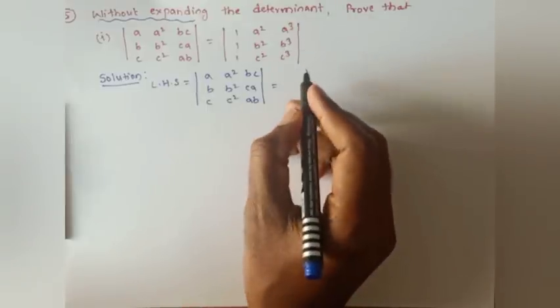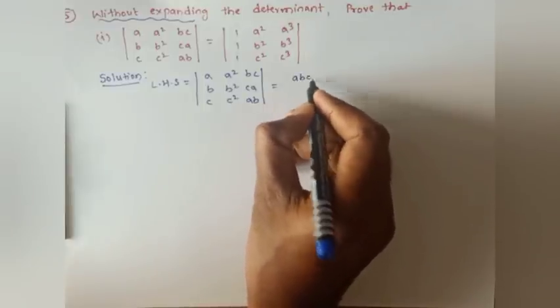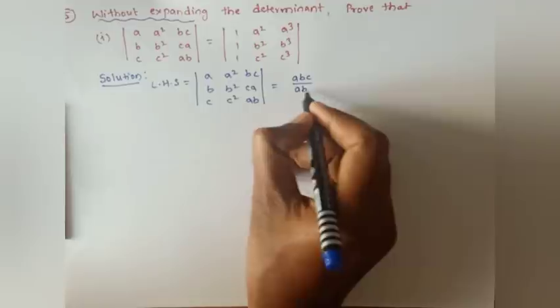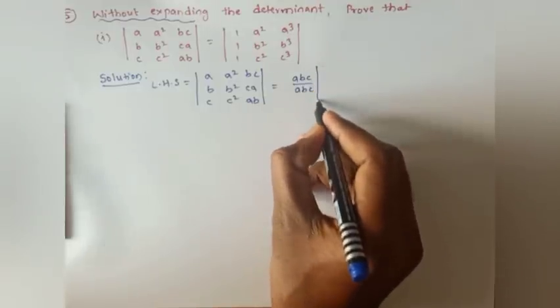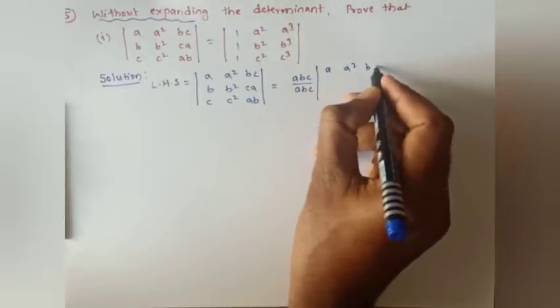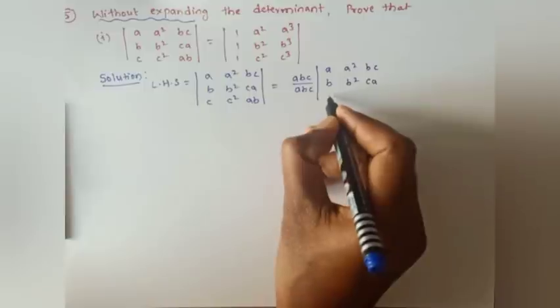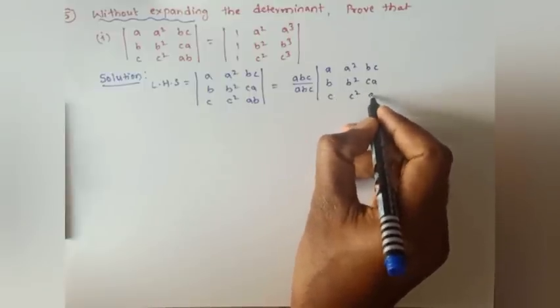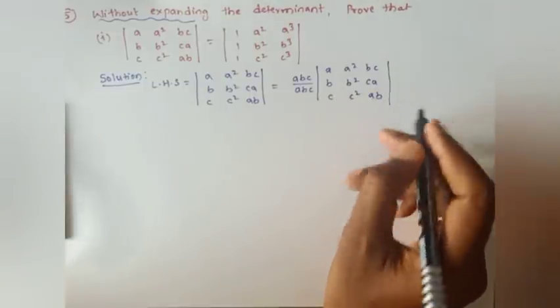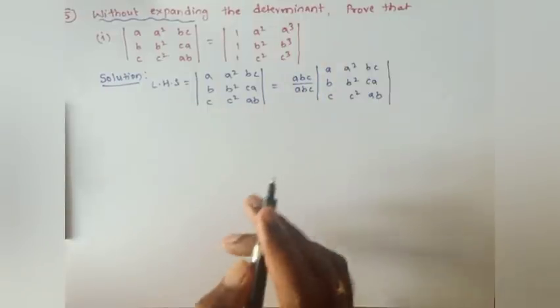So that's why I'm multiplying and dividing with the quantity abc by abc. So this is as it is a square bc, b square ca, and c square ab. Here I'm multiplying and dividing with this number.